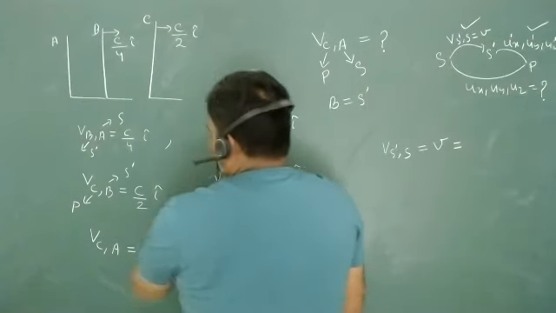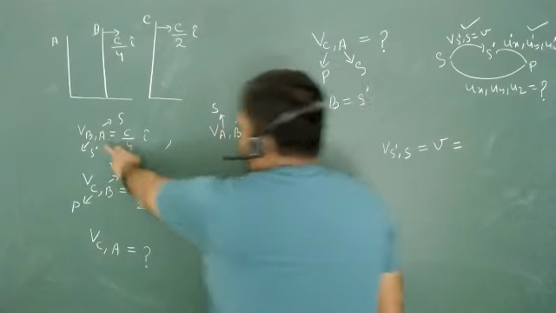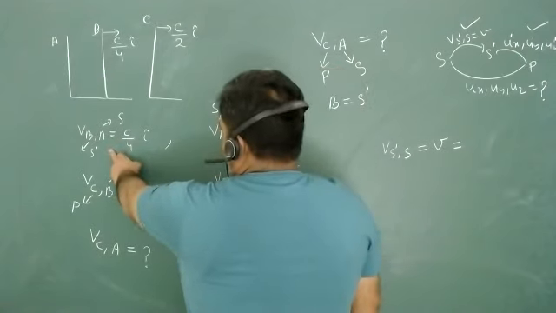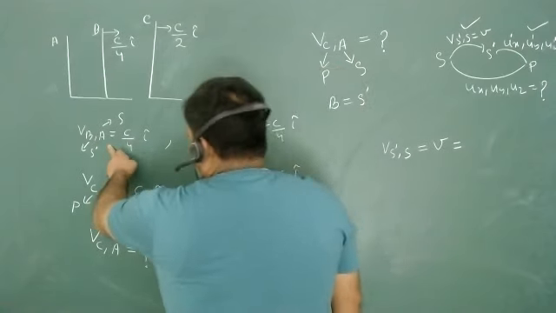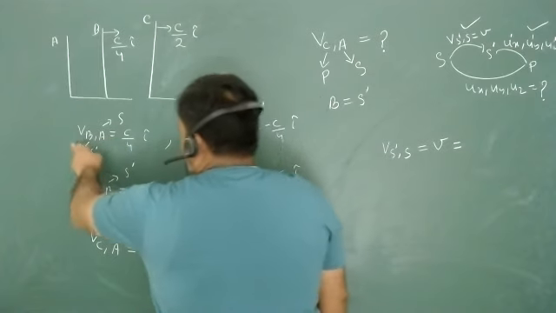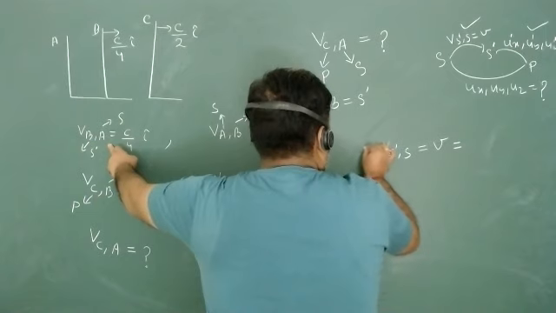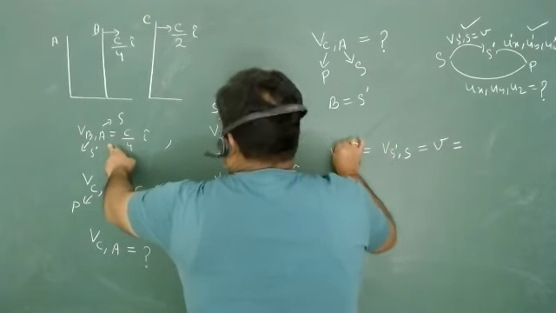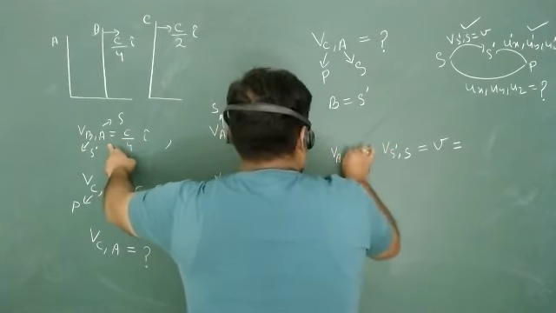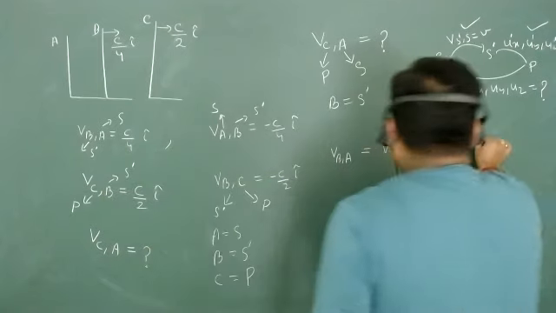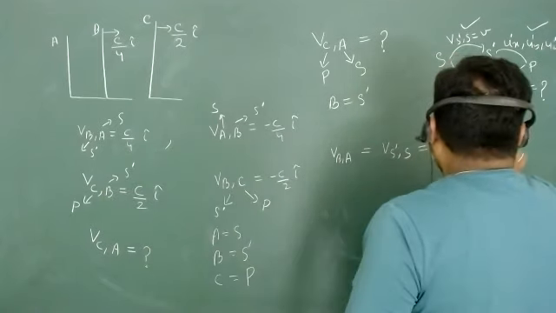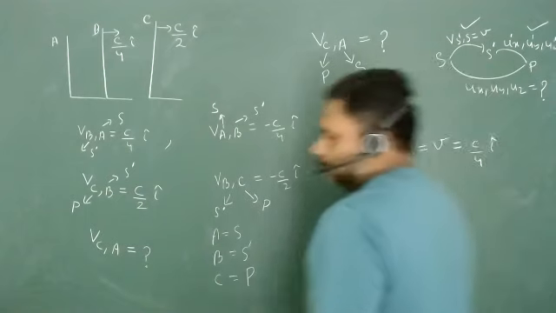First, second, third, fourth? VBA. This one, first one? Yes, sir. Yes, this is nothing but equivalent to, from my notation, velocity of S dash with respect to S. So here we can say velocity of B with respect to A, and this will be C by 4 in I cap direction.